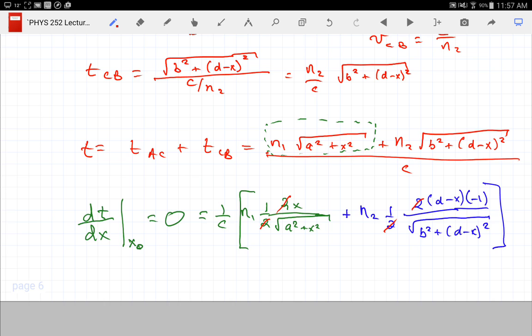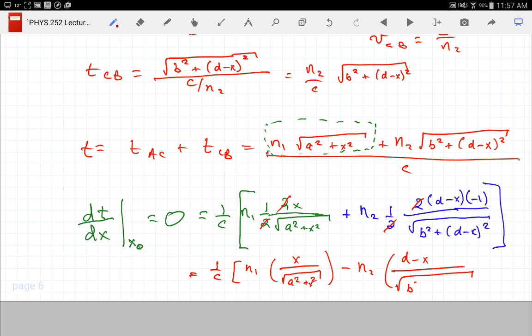And I can rewrite this as equals 1 over c times n1 times x over the square root of a squared plus x squared, minus n2 times d minus x over the square root. So there I've simplified it in the writing.